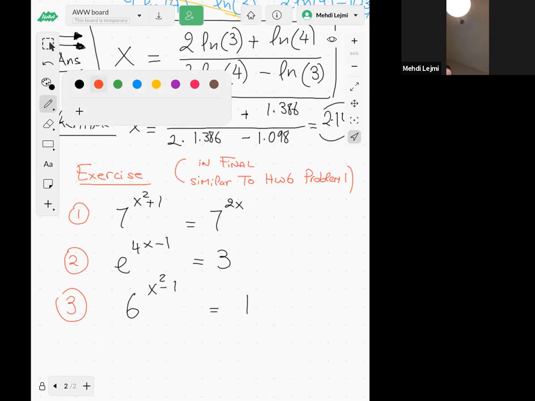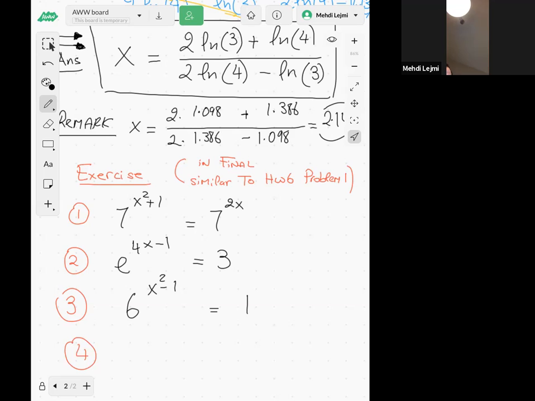And the last one, of course, when you have different bases. So let's say here we have 2 to the power 3x plus 1 equal to 5 to the power x minus 1. All right.